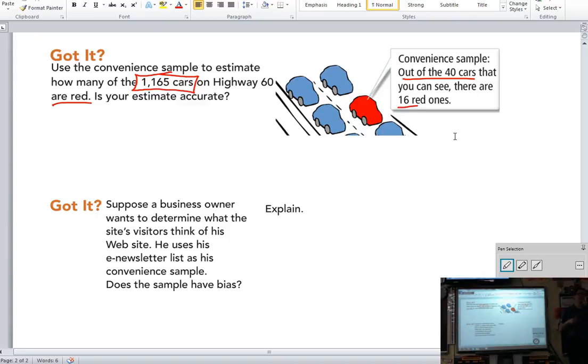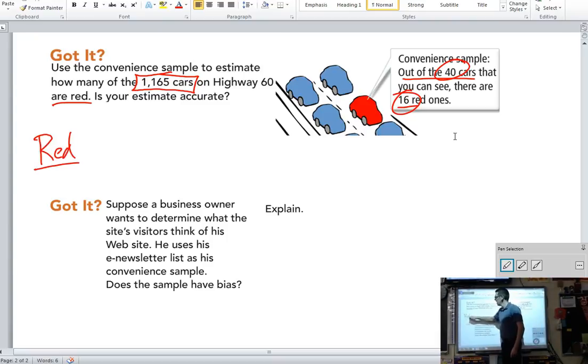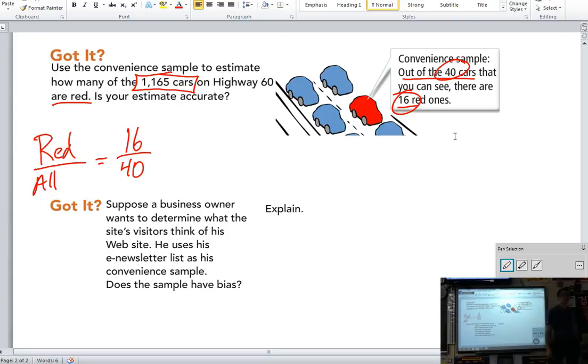If we want to set up how many we'll predict, we did a little bit of this yesterday: take the data that you have, red out of all. So we've got 16 out of 40. Now, we could reduce that, but we don't care.